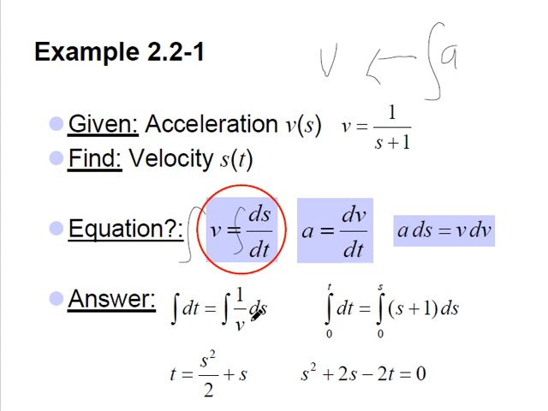Your dt is going to go that way. And of course we're bringing this on this side to make it easier for us to integrate, because of this equation. Then you put that into there and solve it.